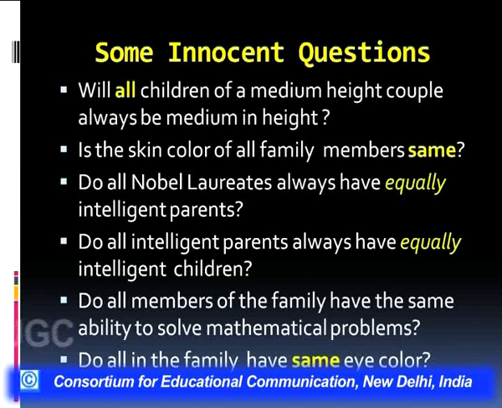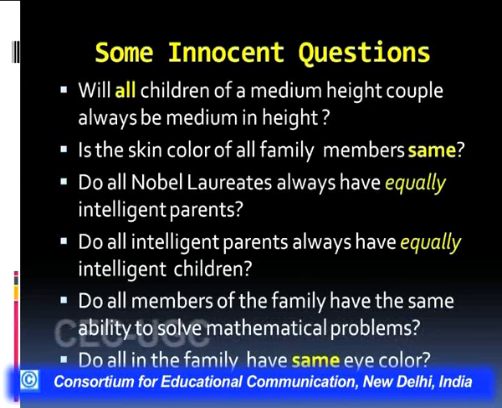With due apology to the parents, is it necessary that all intelligent parents always have equally intelligent children? The answer to all of these we are going to attempt in our lecture on quantitative genetics. And if you are given a mathematical problem to solve to the entire family, is it necessary that all the members can solve this problem with equal finesse?